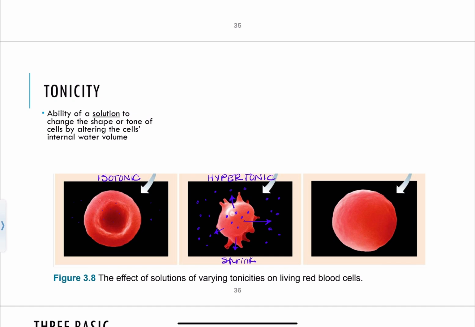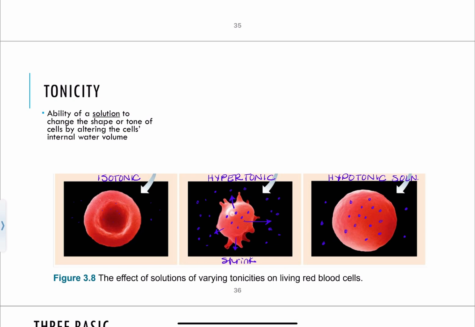The third thing that can happen is that we take a red blood cell and we put it into a hypotonic solution. So the solution surrounding the red blood cell has a lower solute concentration than what's inside of the cell. Here's our red blood cell with tons of solute particles on the inside, and we put it into a hypotonic solution, which means it has a lower solute concentration.